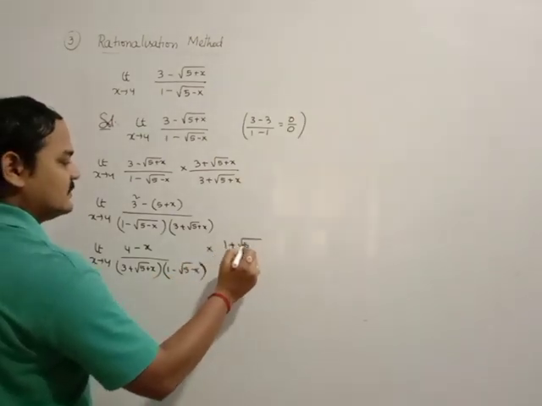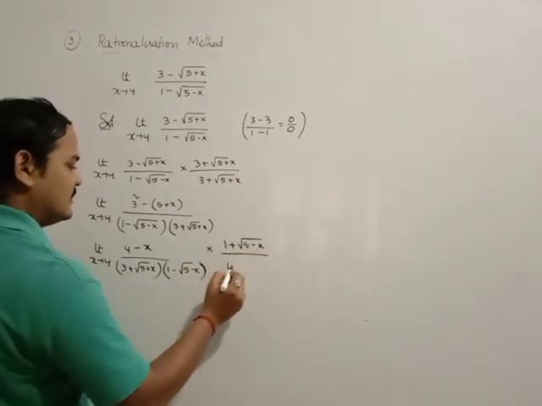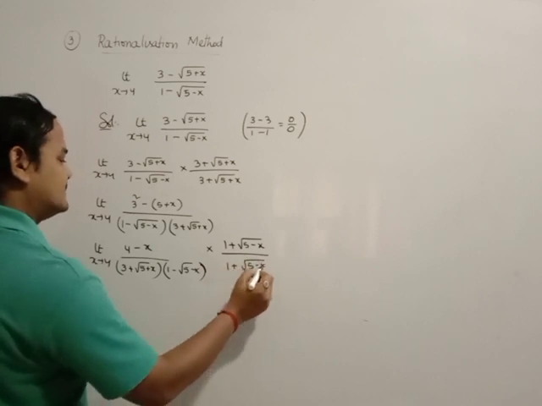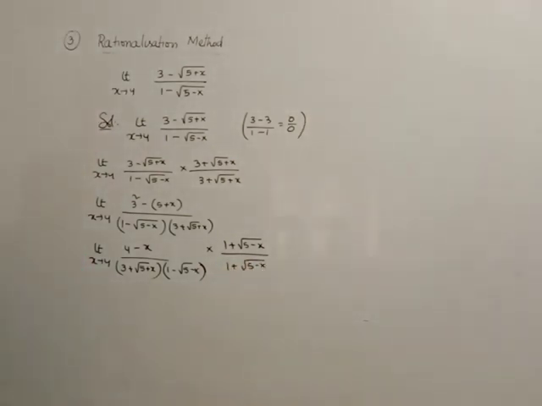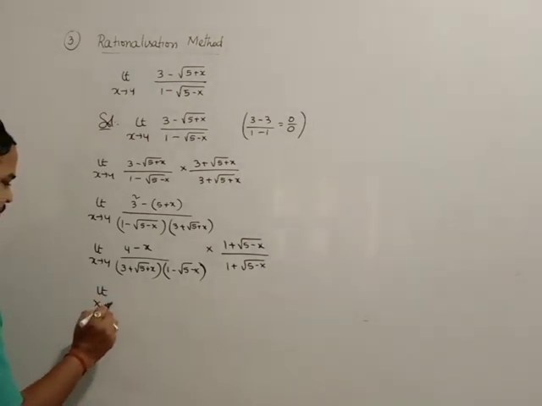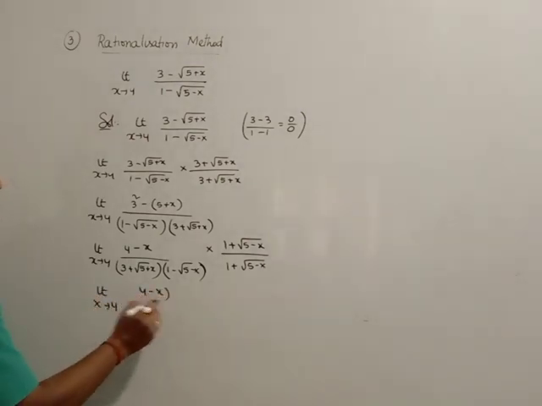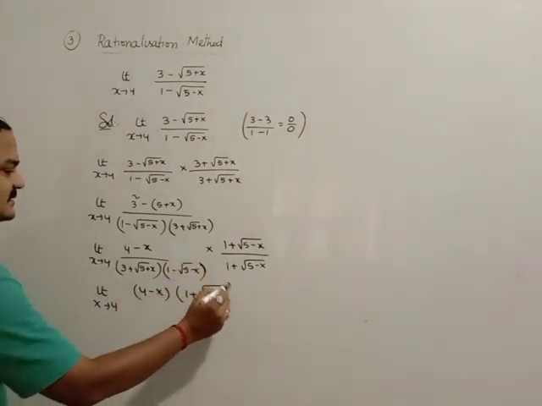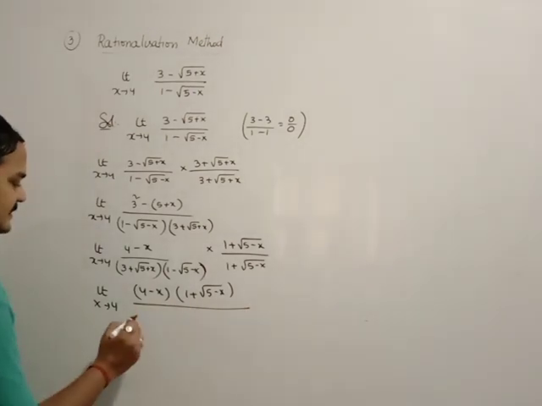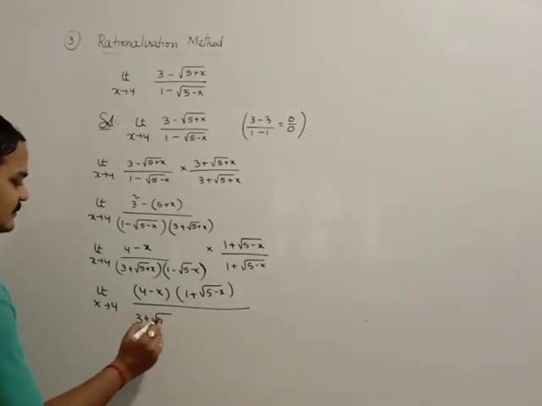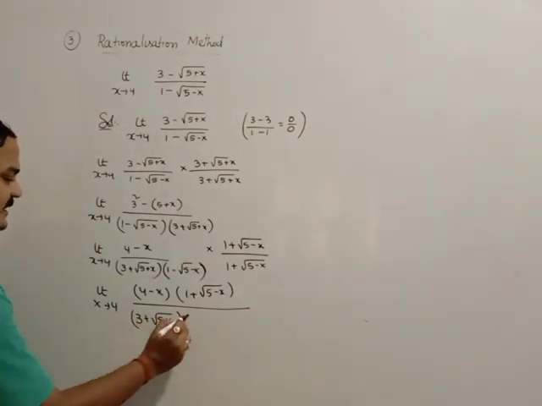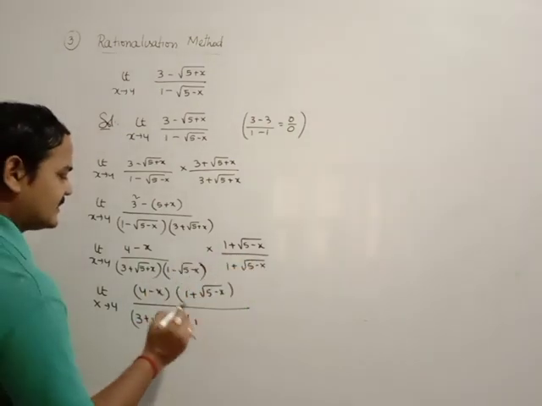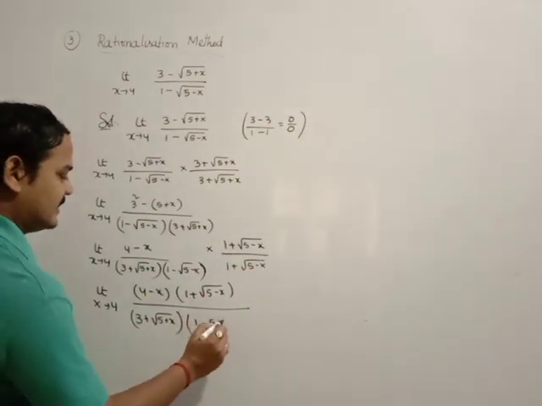1 plus root over 5 minus x by 1 plus root over 5 minus x. So limit x tends to 4, (4 minus x) into (1 plus root over 5 minus x) by (3 plus root over 5 plus x) into, it is a square minus b square, 1 minus (5 minus x).